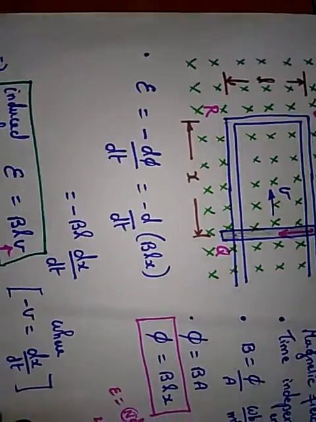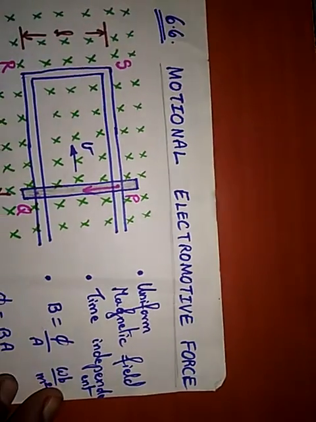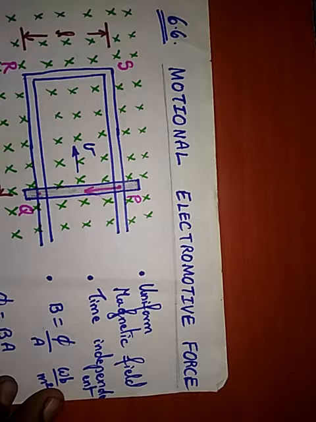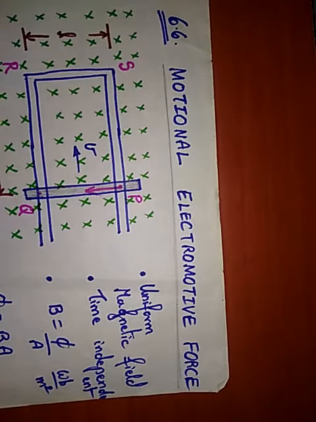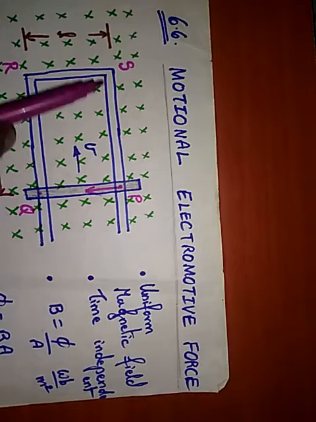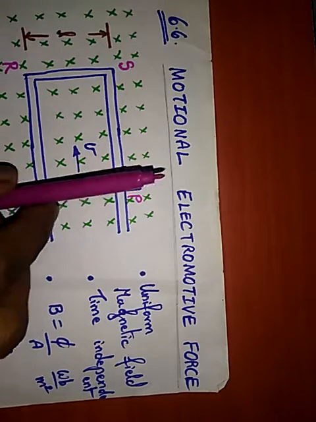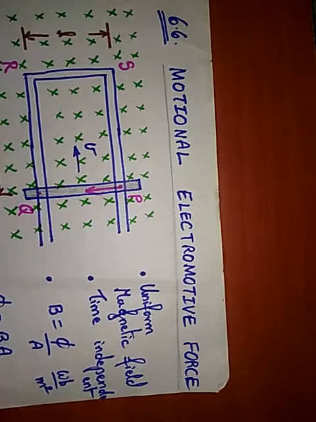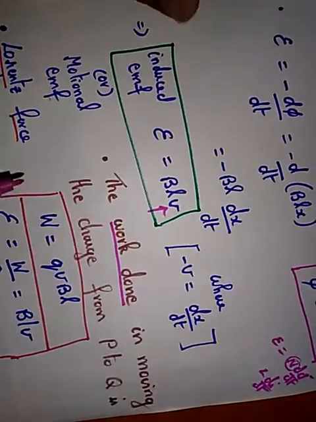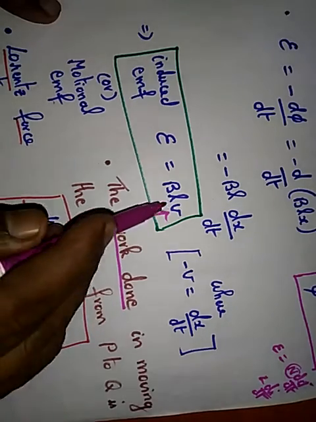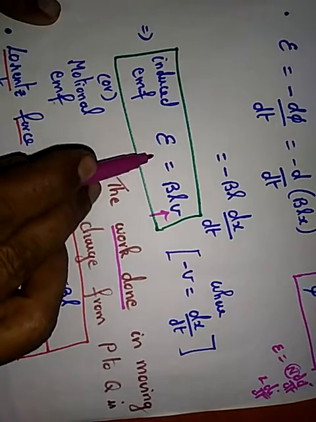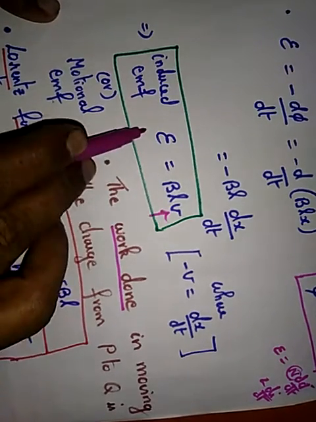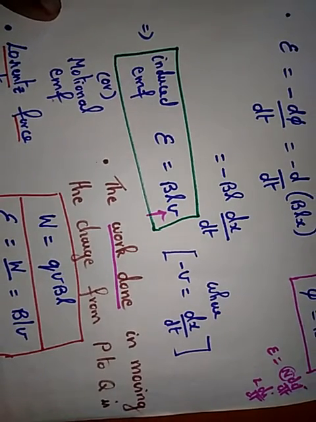So now you have an idea about what is motional electromotive force. In the outline, we considered a single rectangular coil or conductor, and one of the conductors moves with a velocity v. The induced EMF we got is BLV. This induced EMF is called motional EMF because it is connected with velocity.